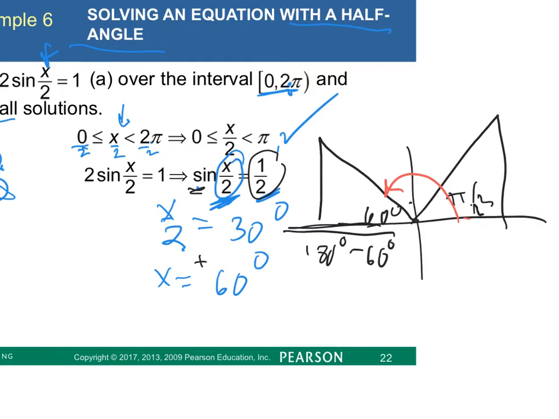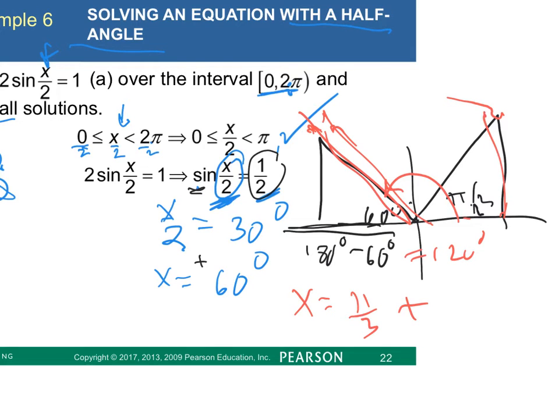So x should be written as pi over 3. And this 1 pi over 3, 2 pi over 3, that gives me 120. So this must be 120 degrees. What did I just write? 180 minus 60 is 120 degrees. That's right. Which must be 1 pi over 6, 2 pi over 6.